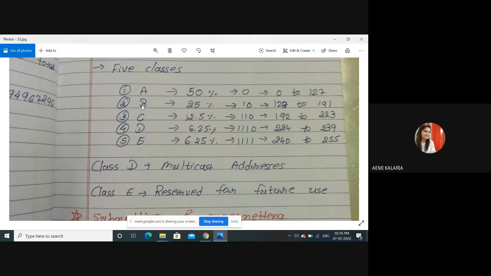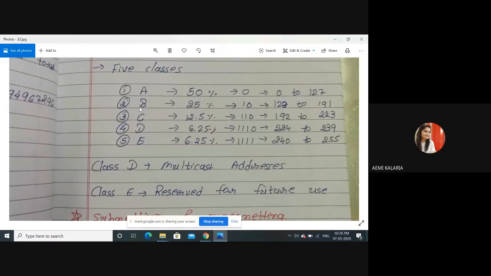Class C we normally use in our colleges and small companies. Class B, same thing, is smaller than class A and bigger than class C, right? So according to our need, let's say I'm one organization and I want my personal IP address, or I want to host something.